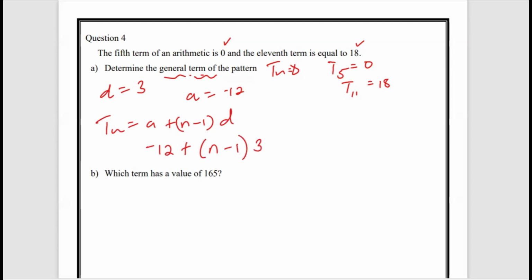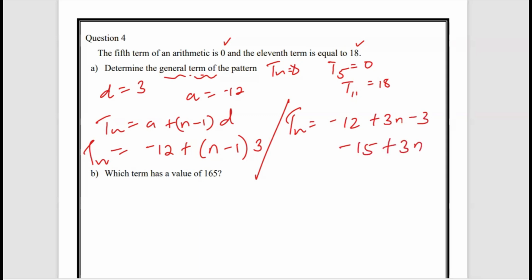Let's open this up. You can give it as that, but we always prefer a simplified version. So negative 12 plus 3n minus 3, which is now negative 15 plus 3n. Or somebody can write it as 3n minus 15. So this is what the question wanted.